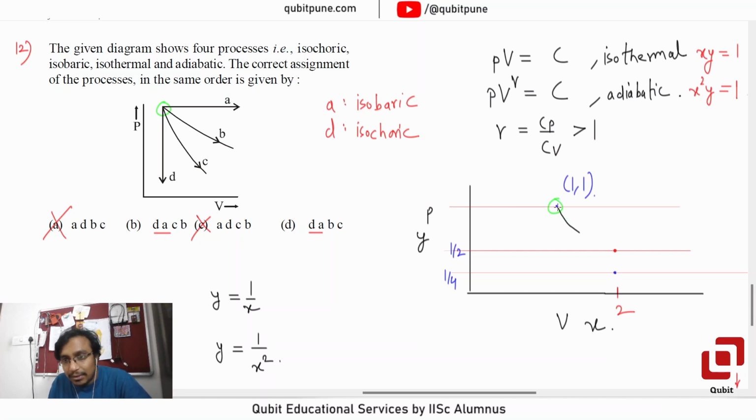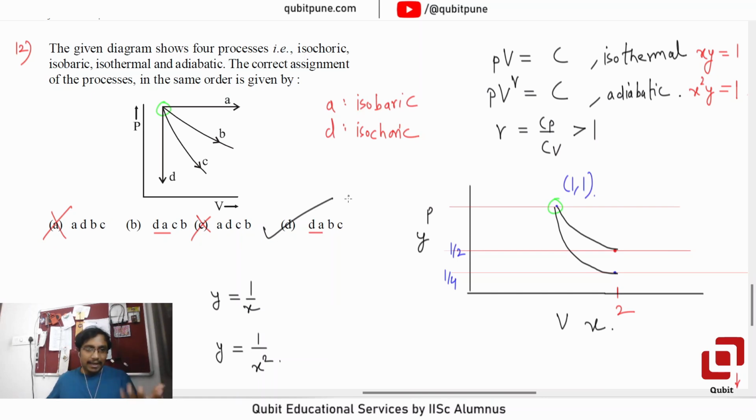So this is isothermal and this is adiabatic. So isothermal is B, adiabatic is C. So which option? Second is isothermal.